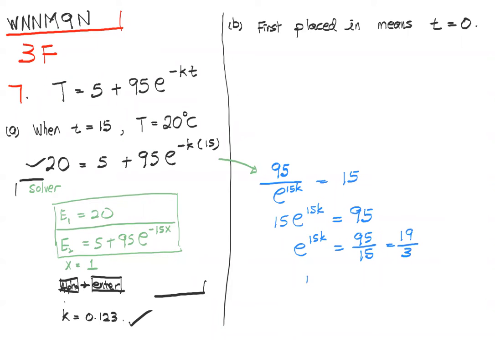So therefore 15k will be equal to ln 19 over 3. So k will be equal to ln 19 over 3 divided by 15. So the approximate value is 0.123. Are you clear? So this will be how you solve it algebraically.